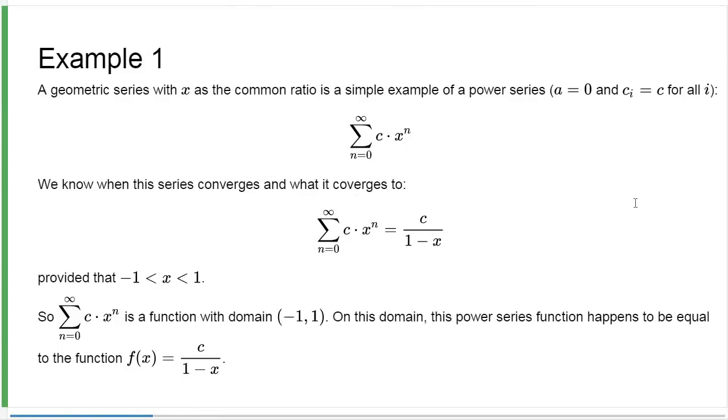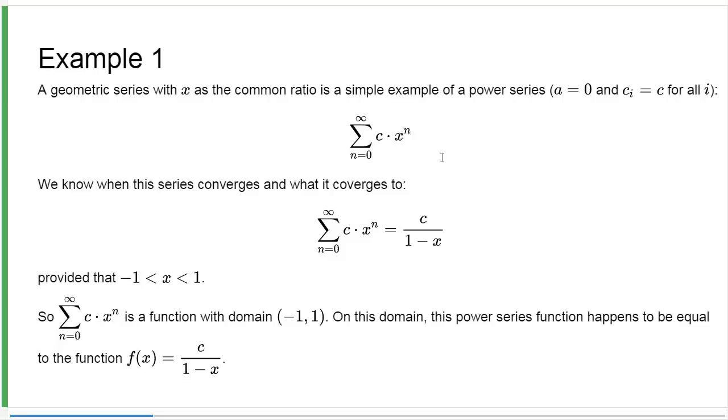An example of a power series is a geometric series. Now, not every power series is geometric, but a geometric series is a power series where all of the coefficients are the same. That's what makes it geometric. So this is a geometric series centered at 0, so a equals 0, and all the coefficients c sub i are equal to c for all i.